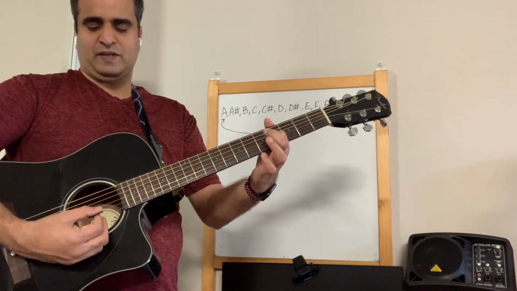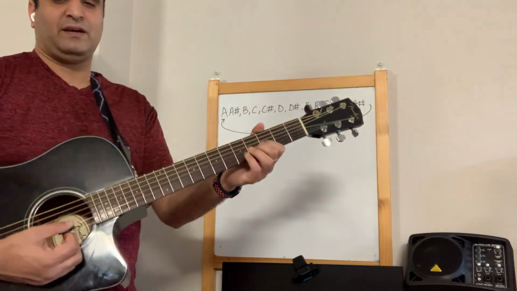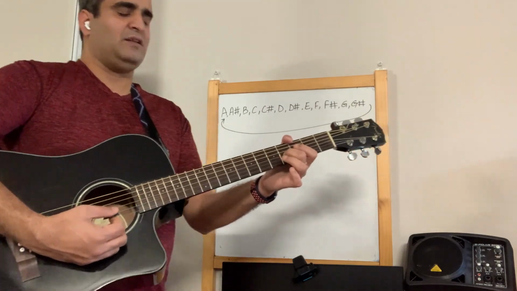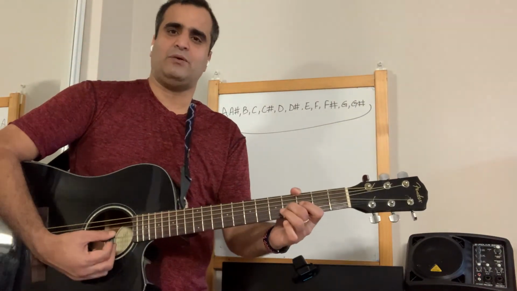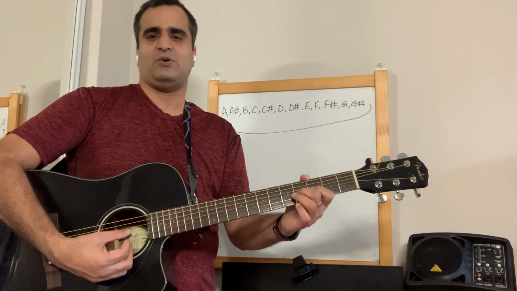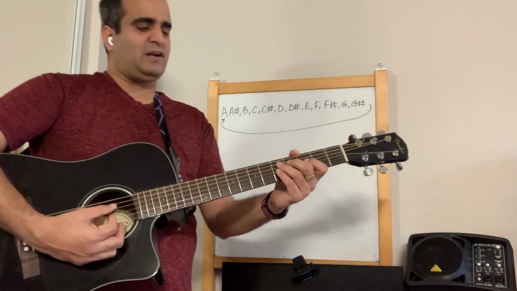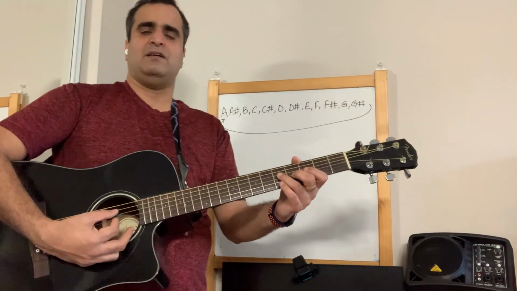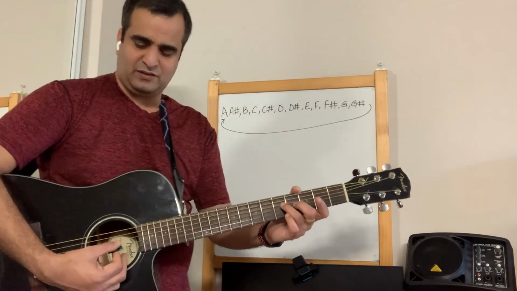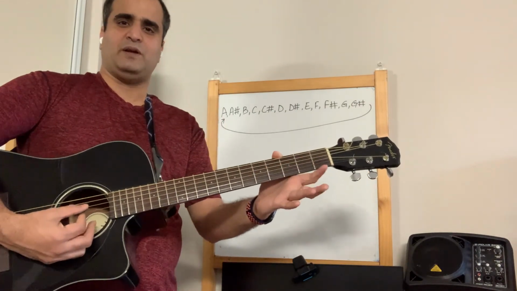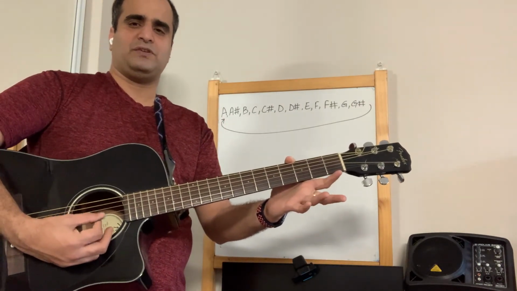So with reference to the second string, I tune my third string by pressing the fourth fret of the third string and making sure that it sounds the same as my second string open. Similarly, my fourth string I can tune with reference to the third string. Now my third string is G, open. We always tune with the open position.